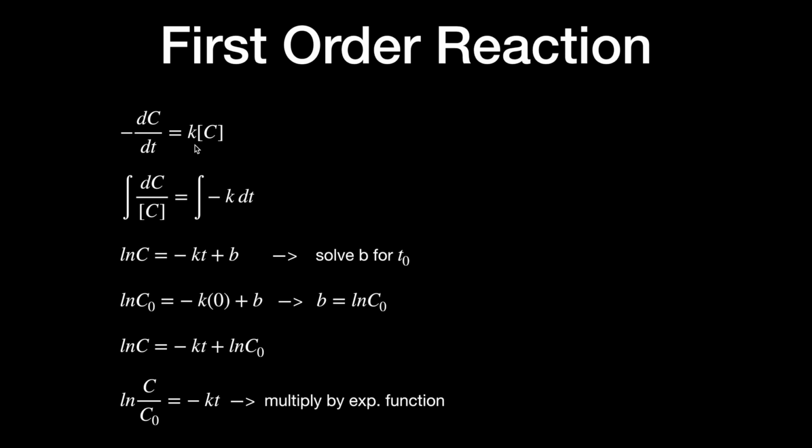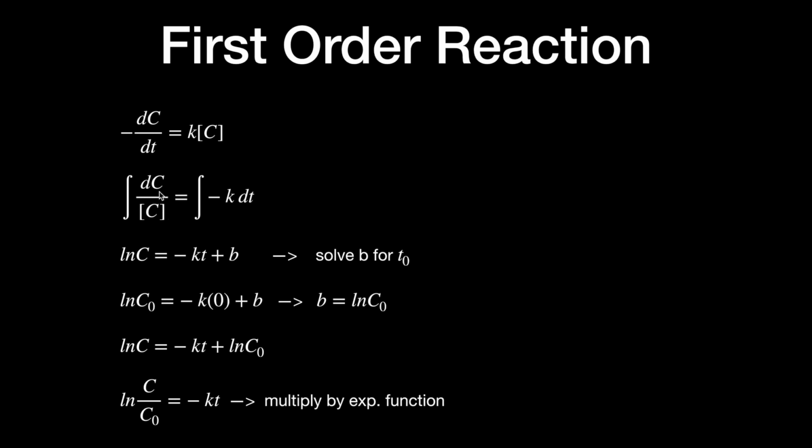And that's what we were already talking about, where the rate of decay is going to be proportional to the concentration. So we can separate these variables. We're going to use the separation of variables method here, where we move dt to one side and concentration to the other, and then we can integrate both sides.